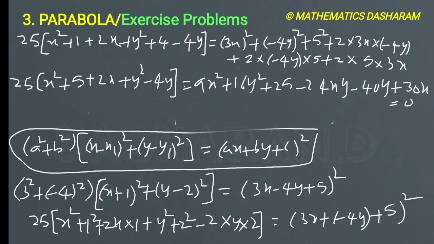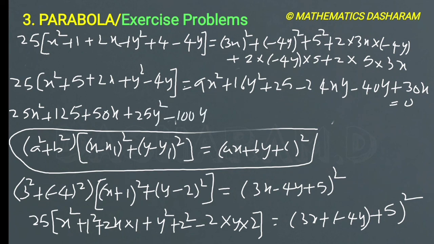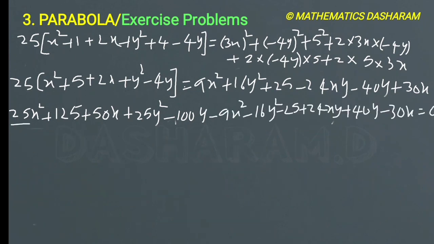Now 25 multiplies inside: 25x squared, 25 into 5 is 125, 25 into 2 is 50x, plus 25y squared, minus 25 into 4 is 100y, and write all these terms to the left side. Minus 9x squared. So 25x squared minus 9x squared is 16x squared. 25y squared minus 16y squared is 9y squared.